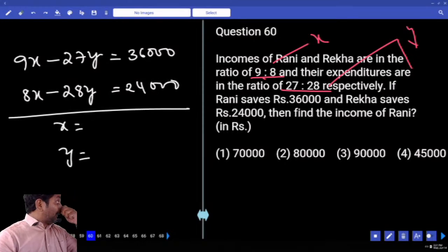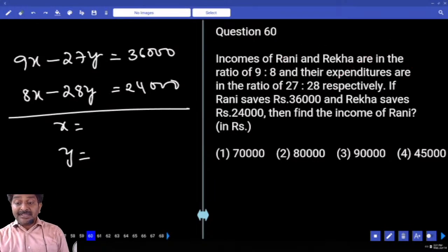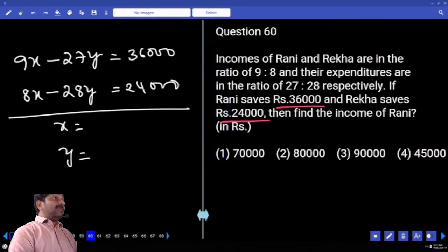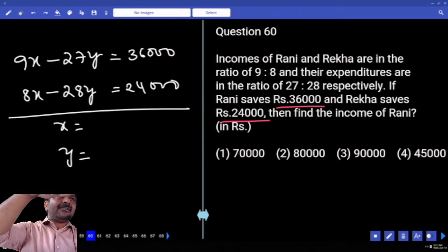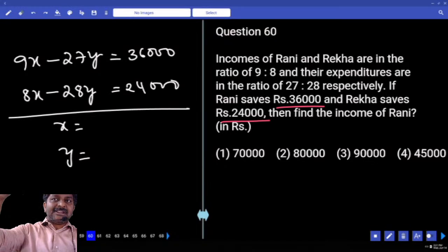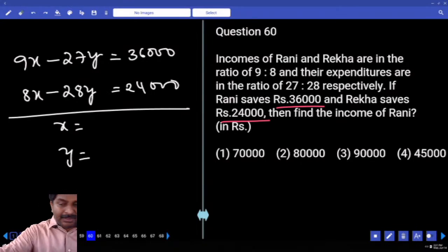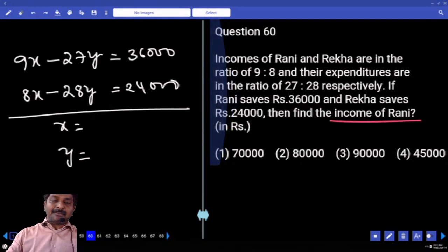Yes. If their savings are the same, that question becomes simple. The difference we will make equal for both persons in terms of number of parts, and that's a simple one. But if savings are different, this is going to be a lengthy one. Understood? Right. Finally, your question is about income, right?